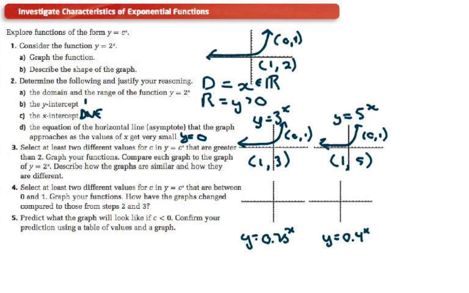It's going the other way. Repeat with 0.4 to the x. And we have a steeper graph, but again, it's the same orientation as 0.75 to the x.